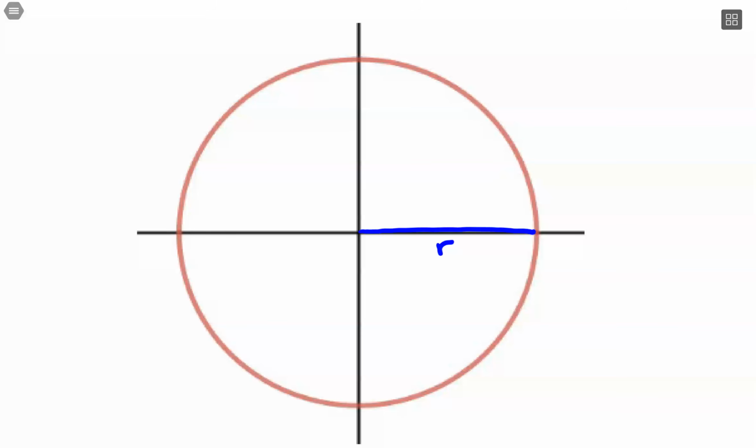Then I would pick up that piece of yarn and have it start right there. Let's say I go in the positive direction and lay it down along the outside of this circle, until it ends right there.